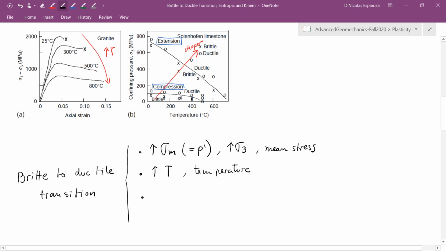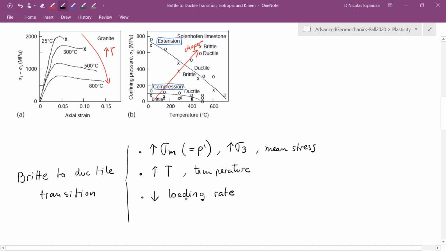The transition from brittle to ductile also is going to be favored by decreasing the loading rate. And what that means is that as you lower the loading rate, for example, at geological times, the deformation of 1% in a million years, the material is going to have the time to accommodate internal failure and appear in that period of time as if it were in a ductile failure instead of a brittle failure.